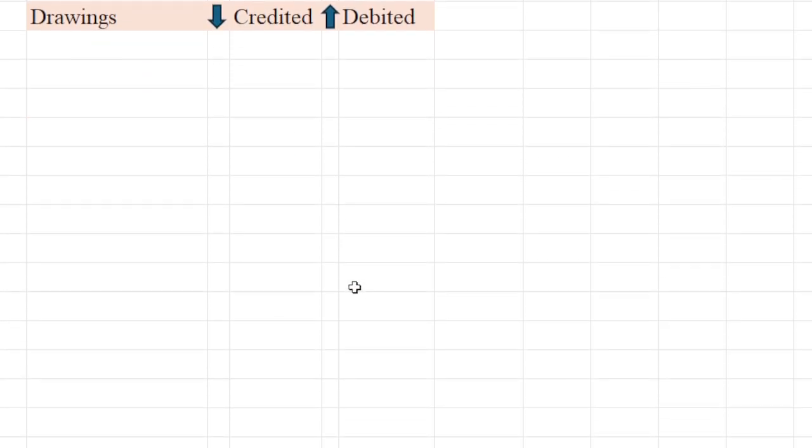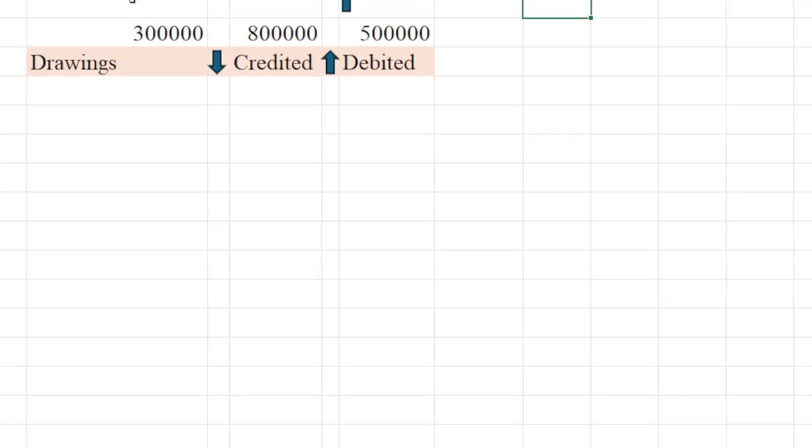Now, let's see the same effect on drawings. How do drawings influence the transactions to debit and credit? Whenever the drawings increase, what does it influence on capital or obligation to repay?